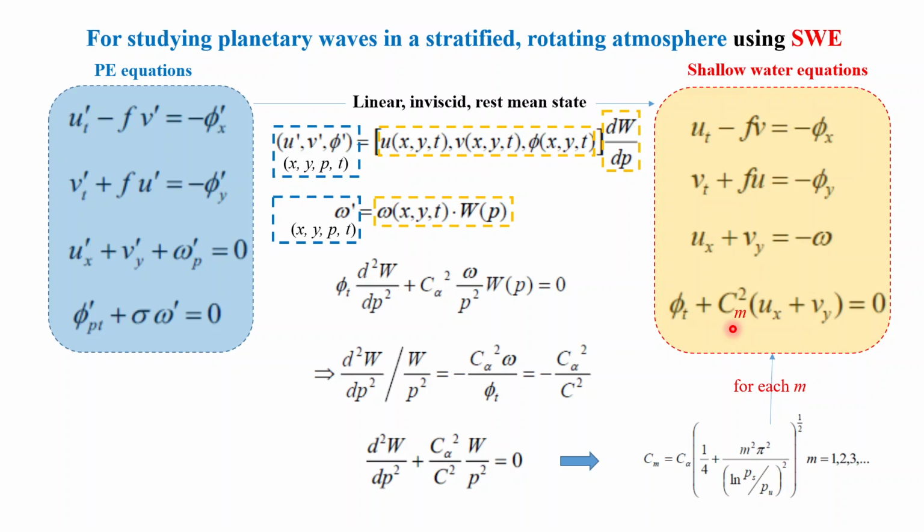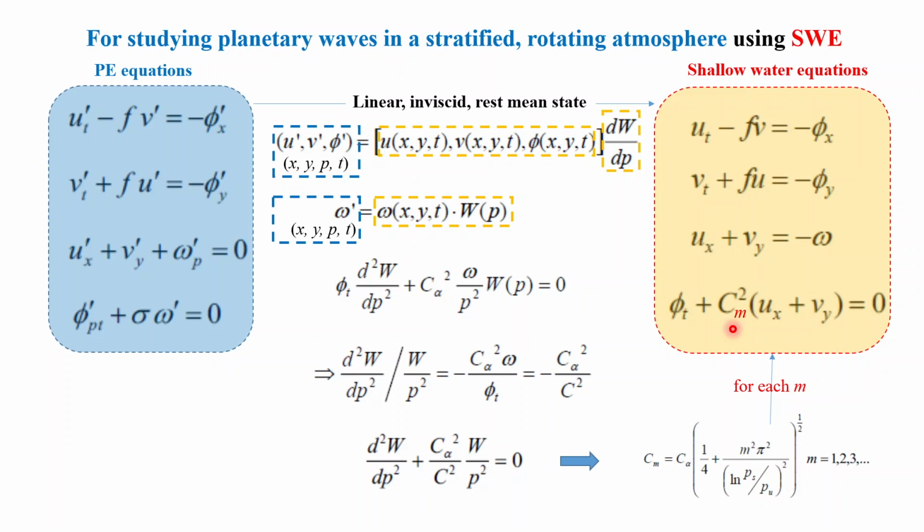In the atmospheric decomposed set of equations, it is the eigenvalue, and we call it equivalent depth. Dimensionally, it is like the depth of a particular vertical mode.